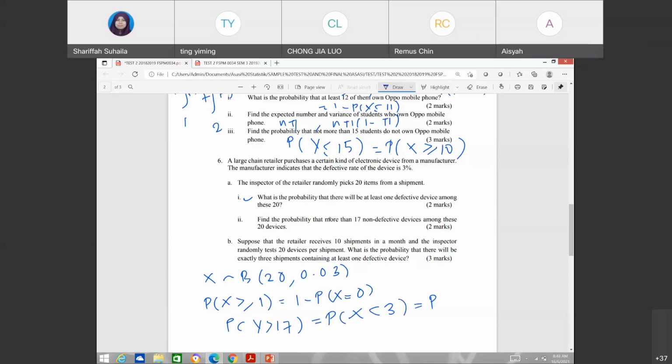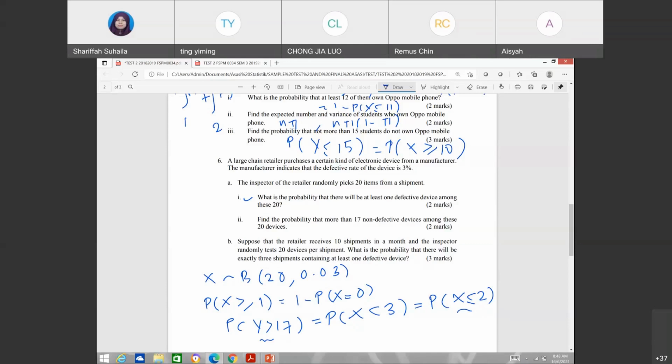So X less than or equals to 2. So again, use the binomial distribution, n is 20, your pi is 0.03 because we already changed from non-defective to defective. So still use the same table. Okay, so itu part A.